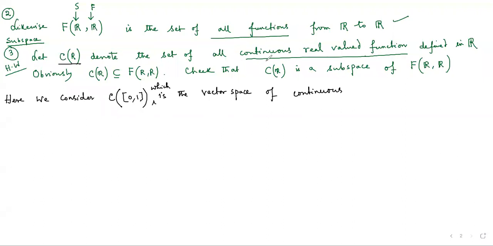Under the same operations, you need to check that CR is a subspace of FRR. This example is present in section 1.3 of the chapter on subspaces, where it has been stated as an example. It has not been proved there, so you need to check that indeed CR is a subspace of FRR. Then your understanding of the entire thing that I'm discussing will be complete.